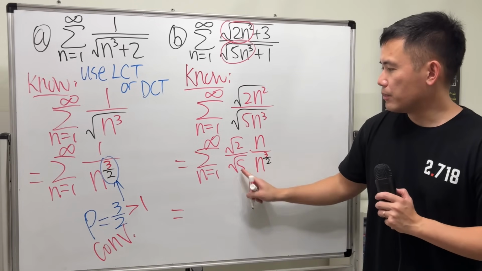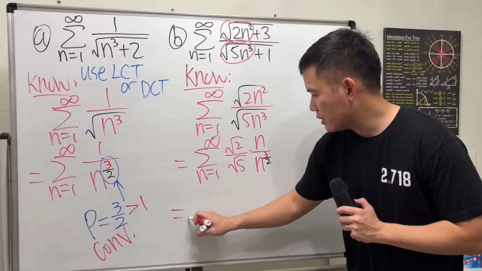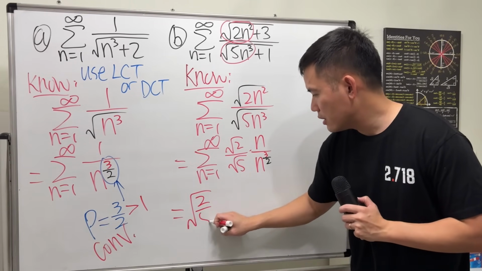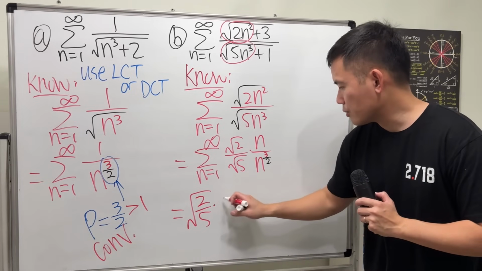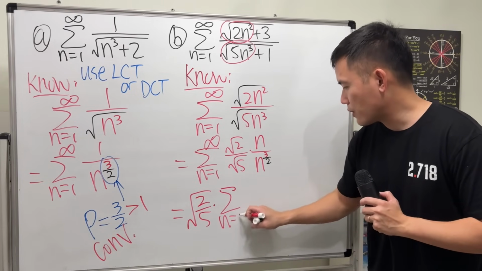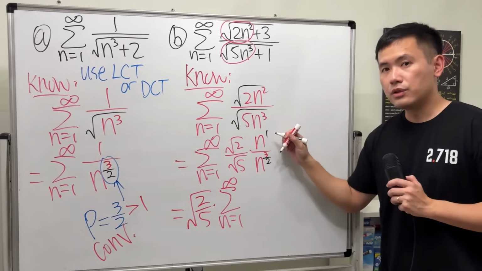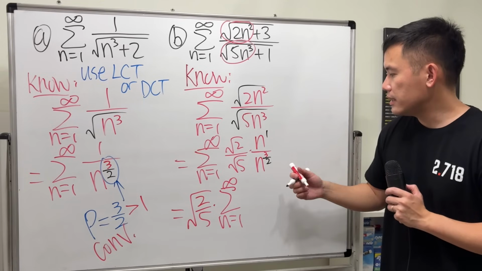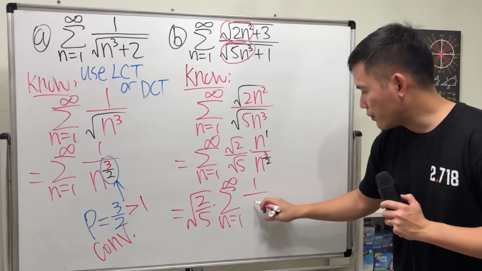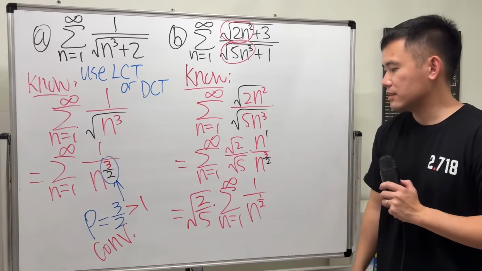You can put a constant multiple to the front. That shouldn't matter. And then just multiply by the series as n goes from 1 to infinity. This is the first power. Just do 1 minus 3 halves, which is negative 1 half. So that's 1 over n to the positive 1 half like this.